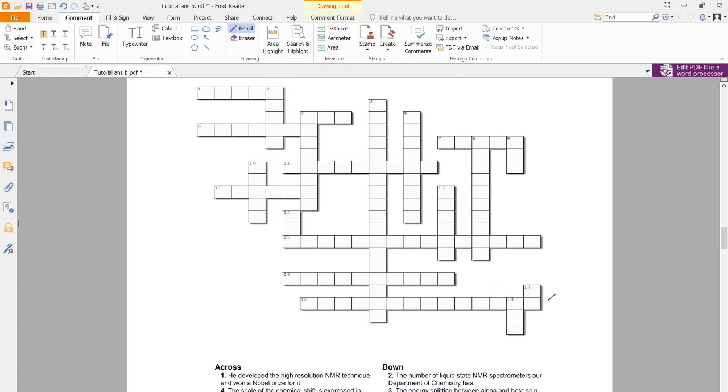So let's do it. Again, my writing is going to be really scribbly, but I hope you understand. He developed the first one across, that's this part. He developed the high resolution of this NMR technique and won a Nobel Prize.